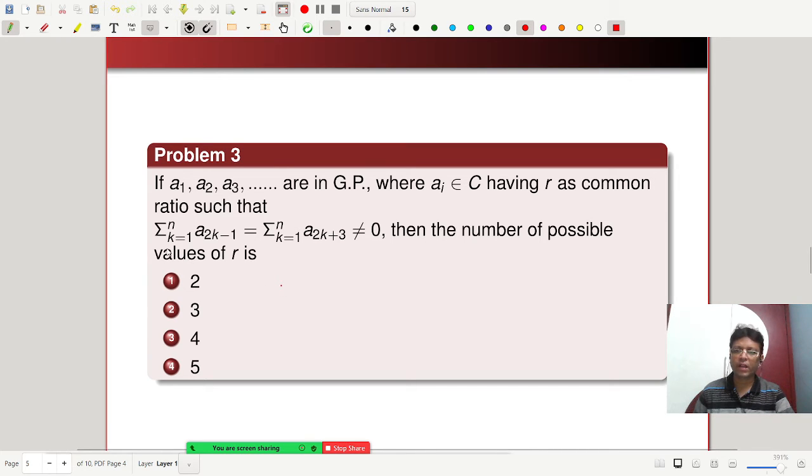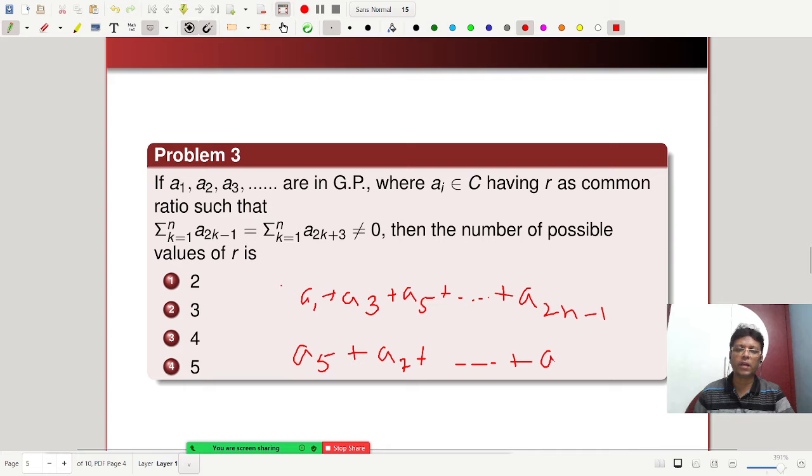Now look at that. The first summation, if you expand, for k equal to 1 it will be a1, for k equal to 2 it will be a3, for k equal to 3 it will be a5. So a1 plus a3 plus a5 etc. up to a2n minus 1. And the next summation, for k equal to 1 it will be a5, for k equal to 2 it will be a7, and so on.